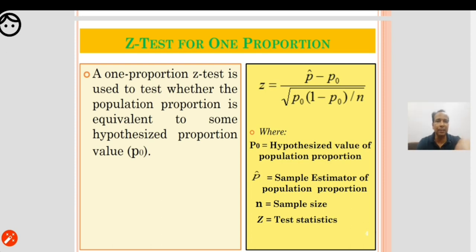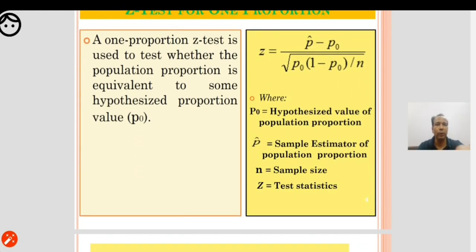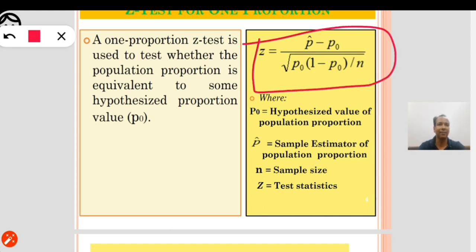The statistic is like this, which is in front of you, which we should apply: Z equals P hat minus P naught upon under root P naught times (1 minus P naught) upon N, where P naught denotes the hypothesized value of population proportion, P hat denotes the sample estimator of population proportion, N is the sample size, and Z is the test statistic.